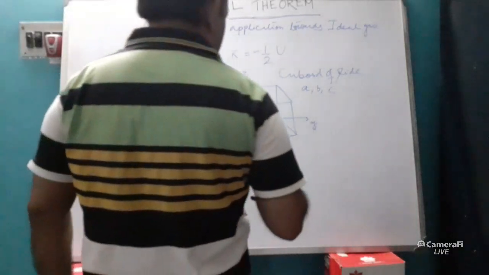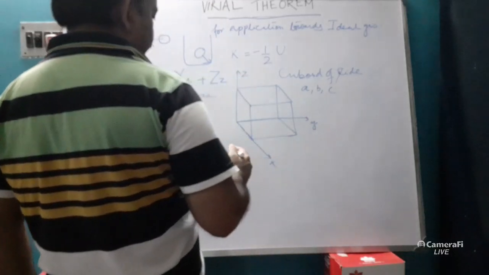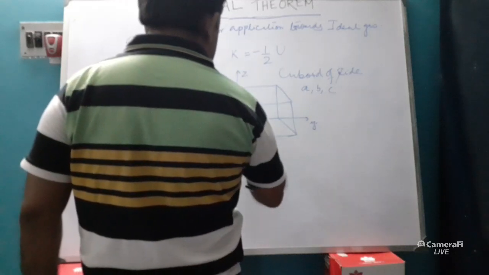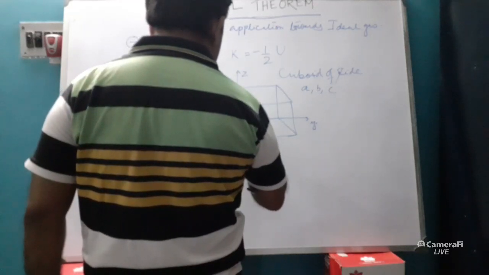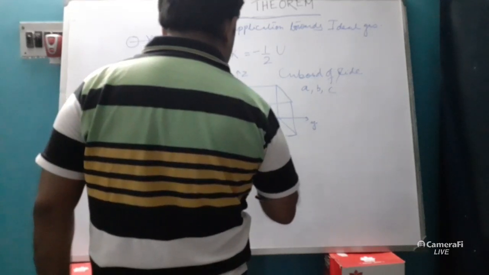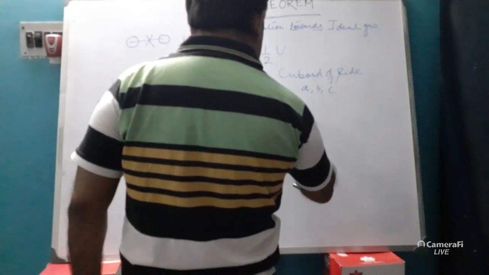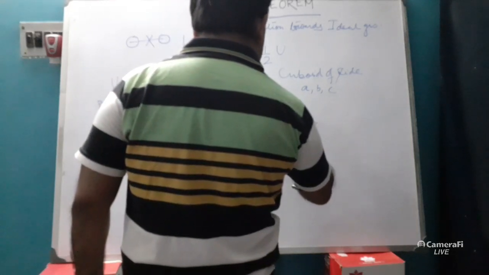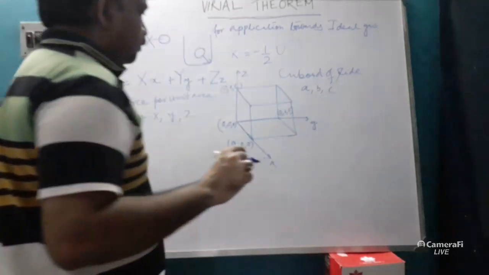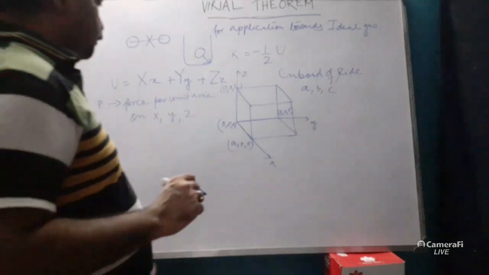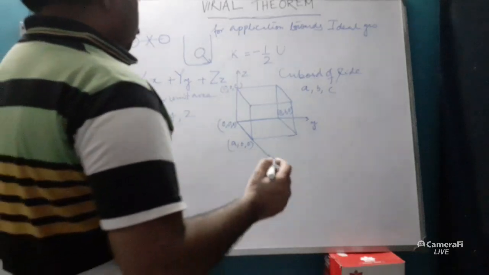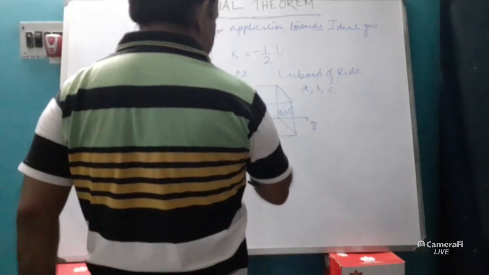So for the y direction we have to consider this is 0 0 0, this is A 0 0, this is 0 B 0 and this is 0 0 C. So this is the dimension of the cuboid. If we consider the force along the y axis, what will be the forces?